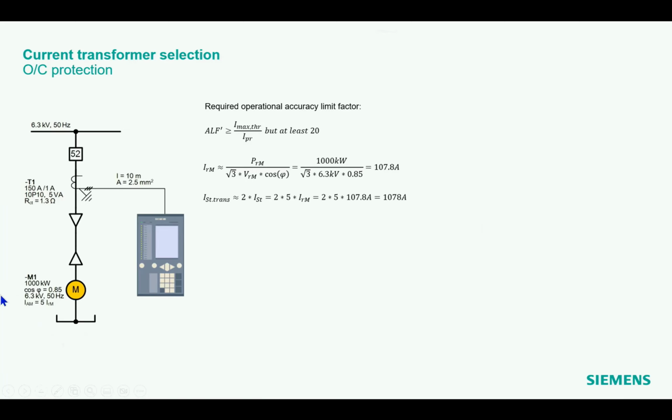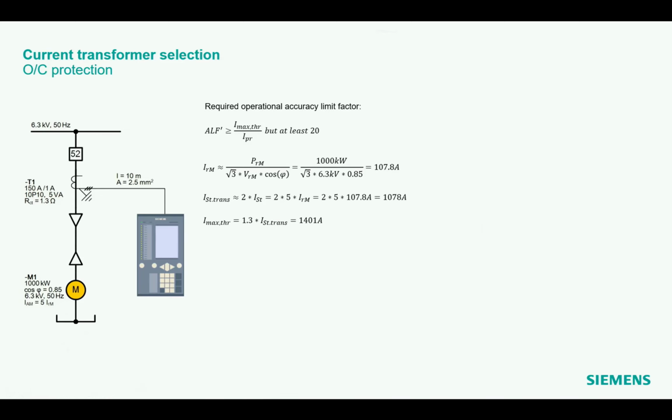And here we have one given indication for the motor. My starting current here, named with AM, is 5 times the nominal current of the motor. So my transient starting current is as a maximum 10 times the nominal current of the motor. So I just need to multiply that number with factor 10.